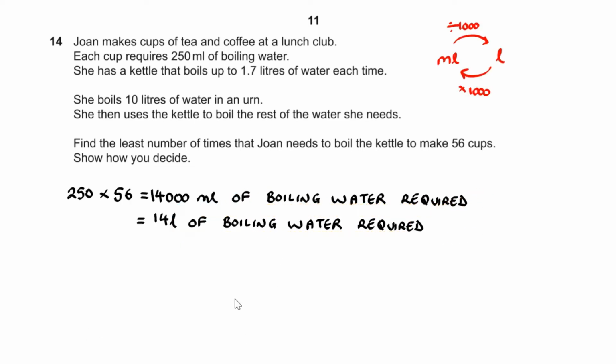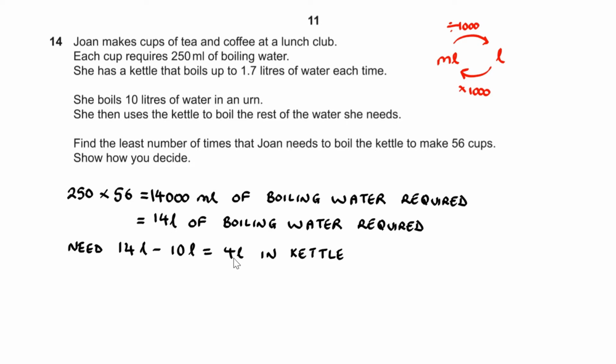So therefore, we know already that 10 litres of water are boiled in an urn. So therefore what we need is 14 litres take away 10 litres, which is 4 litres, with the kettle.